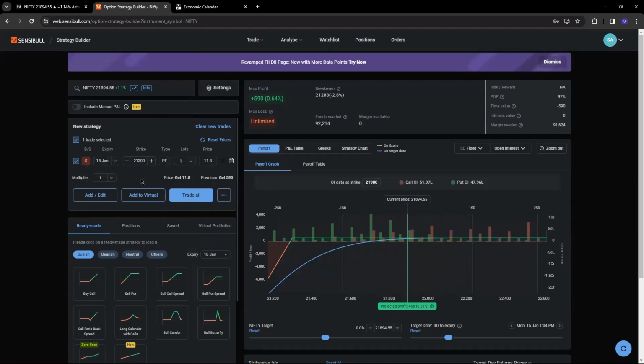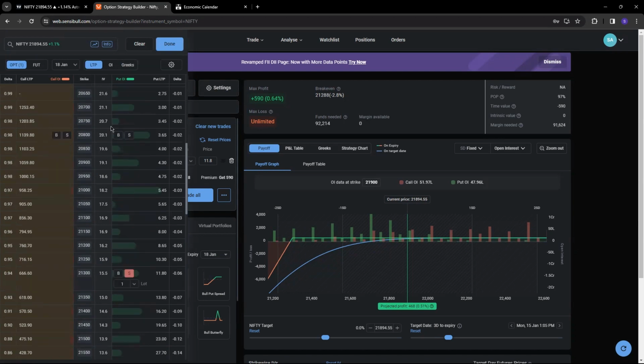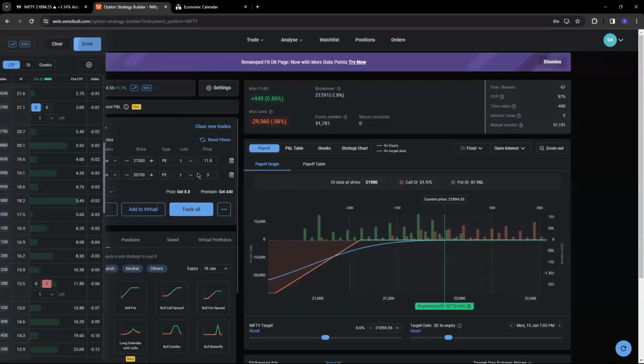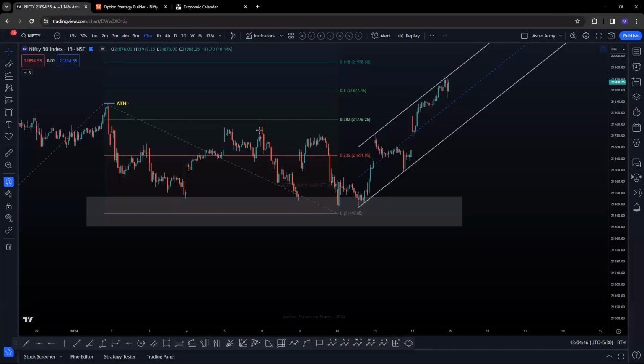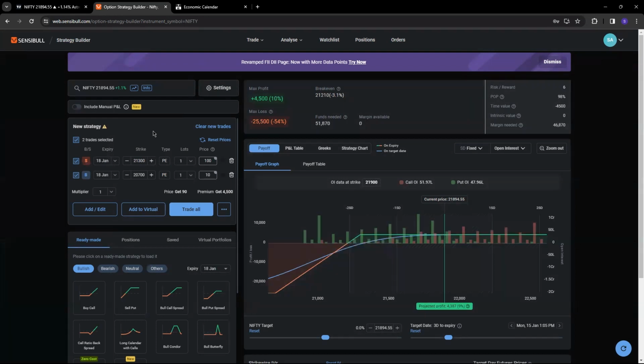I added a hedge of 20,700. On that day when there was a fall, it was trading at approximately 100 rupees premium, and your 20,700 was trading at 10 rupees premium. So per lot you have 4,500 rupees, that is 10%.